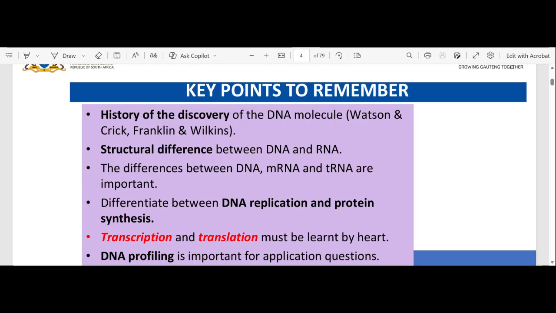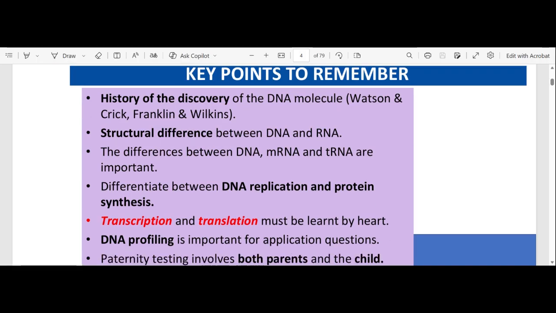The fourth point is that you need to be able to differentiate between DNA replication and protein synthesis, because a lot of people tend to confuse transcription and DNA replication. So it's important for you to understand the differences between the two.